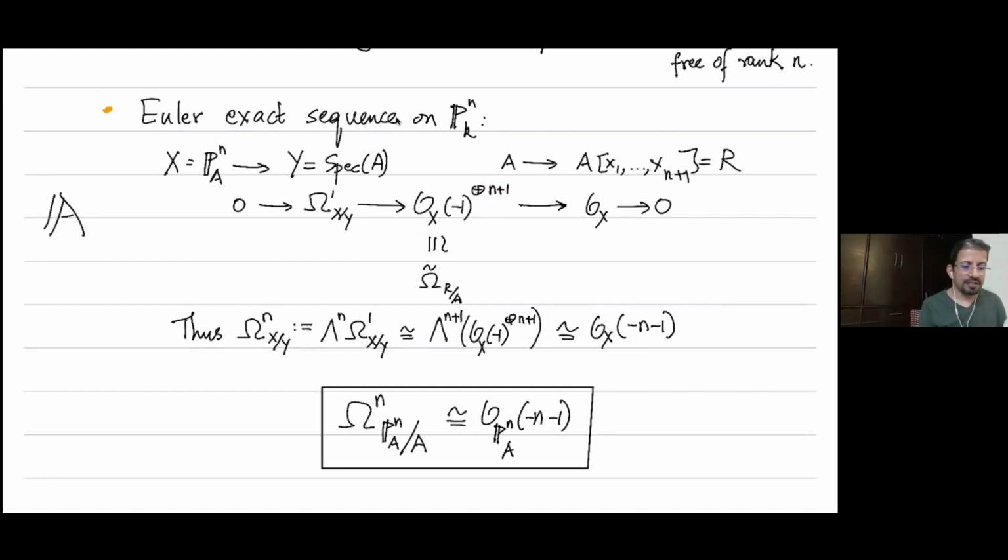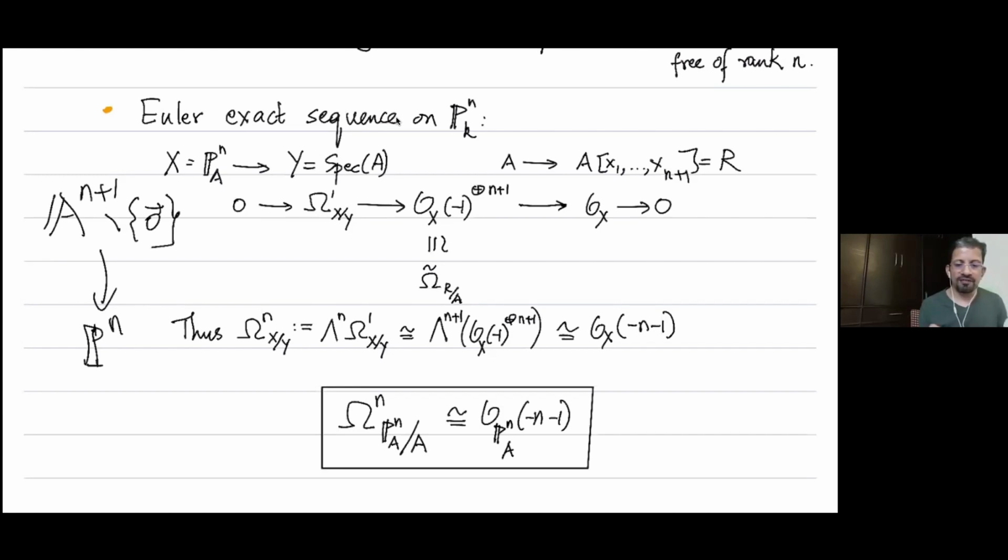In some sense, you have to go here, A^{n+1} minus 0 to P^n. This is what is really happening. You can think of this as a fibration with fibers K star, C star, over each point.